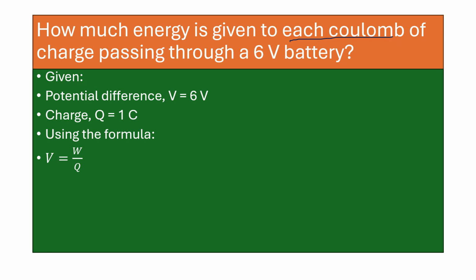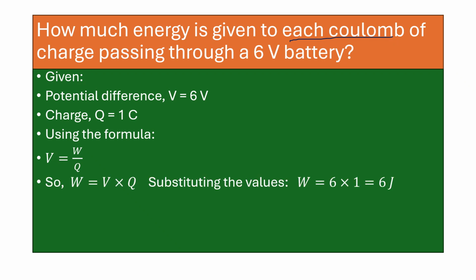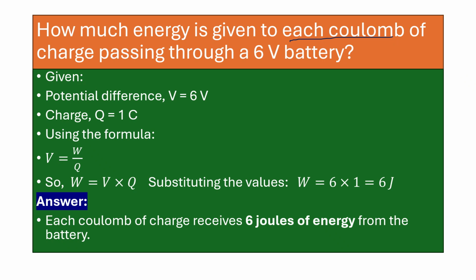V is equal to W upon Q. So W will be equal to V into Q. Why? Because we need to calculate energy, and energy is equal to work done. So work done will be equal to 6 into 1, which is 6 joules. Joules is the unit of work done and energy. So your answer is each coulomb of charge receives 6 joules of energy from the battery.